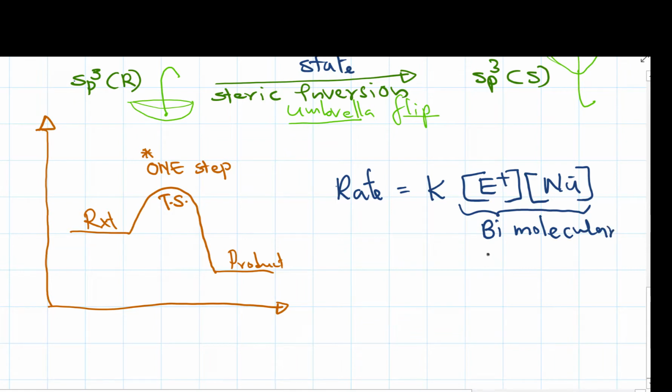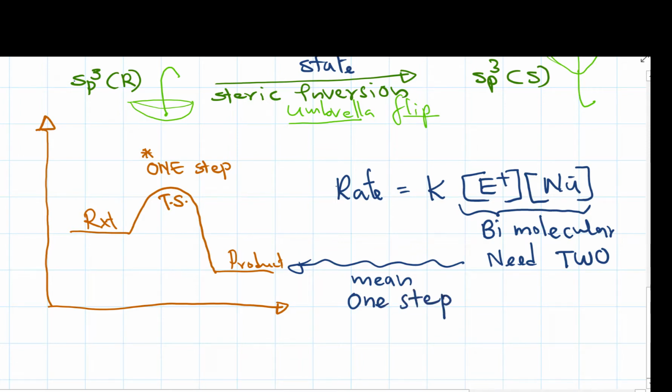Now you know, we break a bond, we make a bond, and 2 are participating, so it should be bimolecular. If you need 2, that's 2 people, 1 marriage, and that's 1 step. That's kind of the way I look at it.